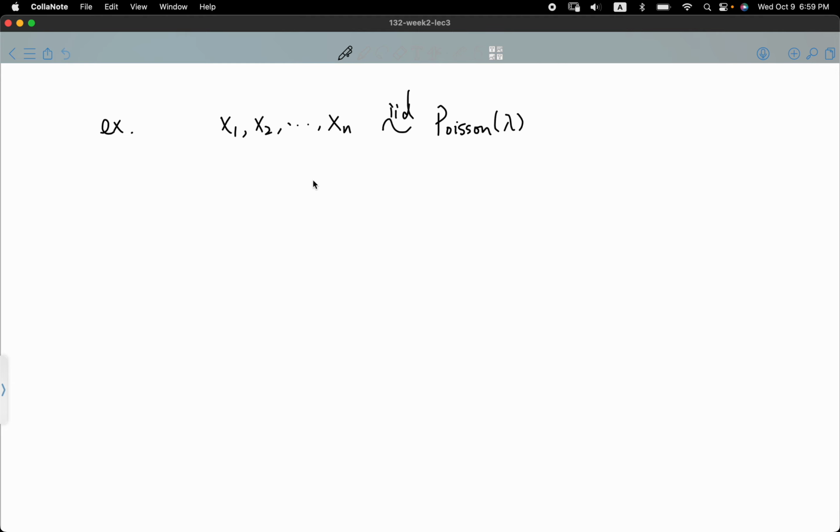Okay, so the question for this example is to use the moment generating function to find the distribution of T, which is the sum of all n random variables.